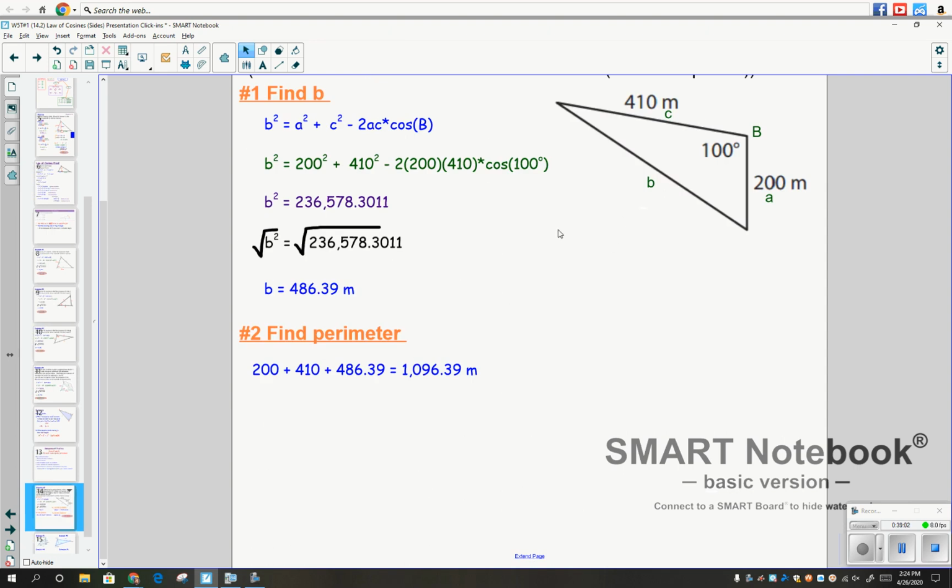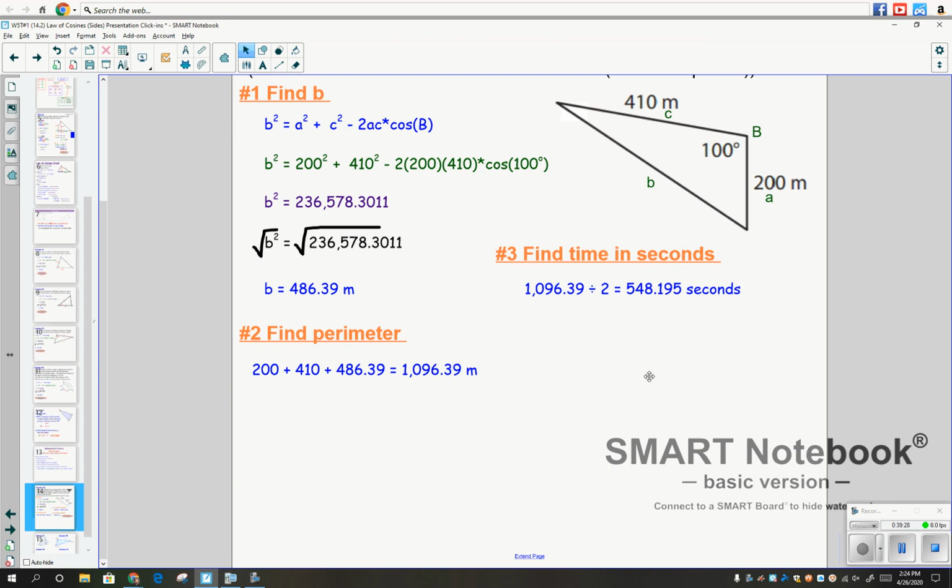So if I need to find the time in seconds, let's take our distance and divide by 2, because every second they cover 2 meters. So 1,096.39 divided by 2, I get 548.195 seconds. That's how long it takes.